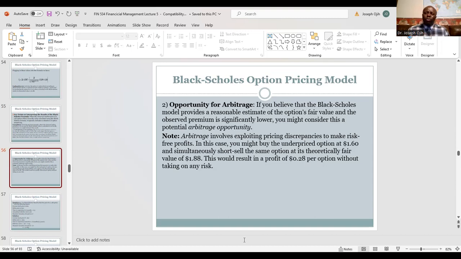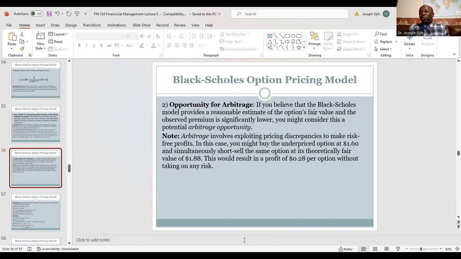Now, when we say arbitrage, what are we saying? Arbitrage simply means exploiting the pricing discrepancies to make a risk-free profit.